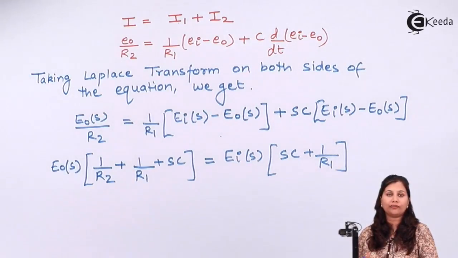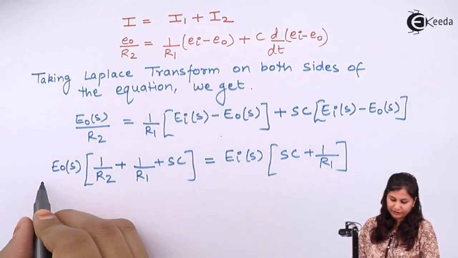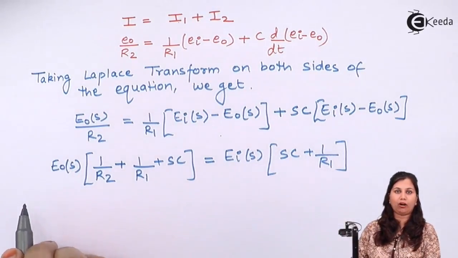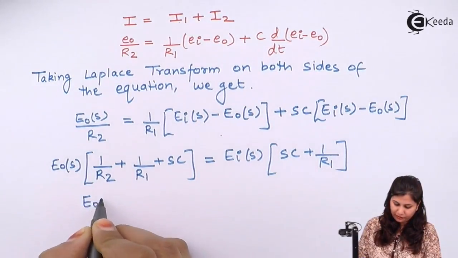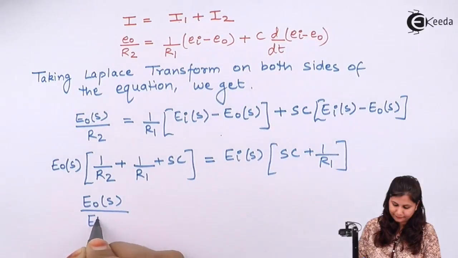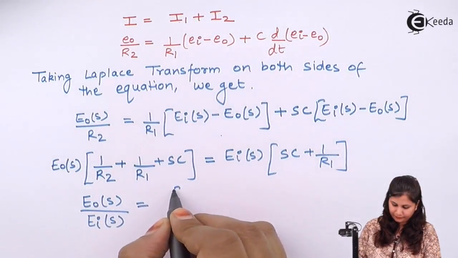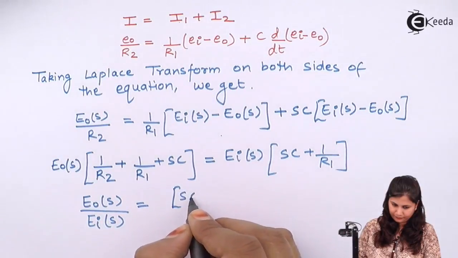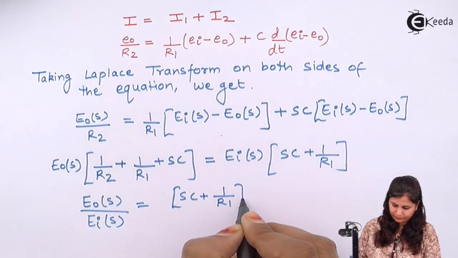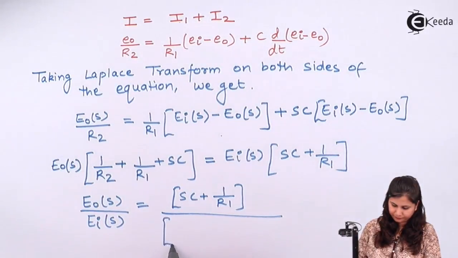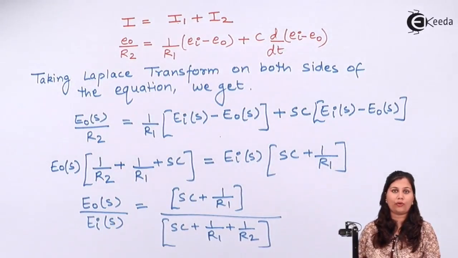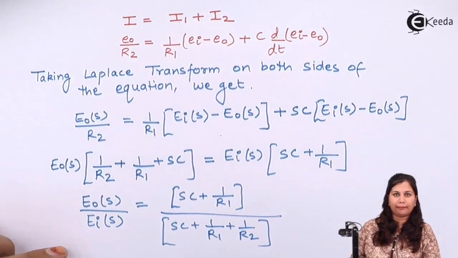So we take the ratio of the Laplace transforms of the output and input voltages, that is E0(S) upon EI(S).